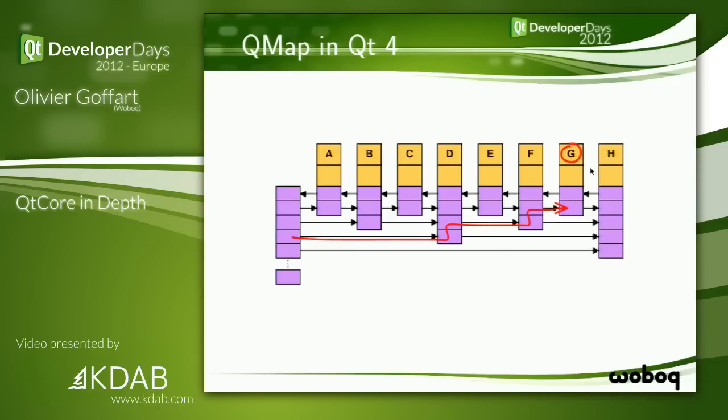So the key of your QMap needs to have this operator less than, and then we use this kind of way to search, which is supposed to work in logarithmic time. But we changed that in Qt 5, and it's now a red-black tree.